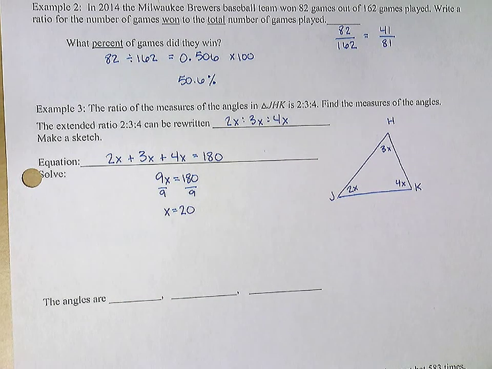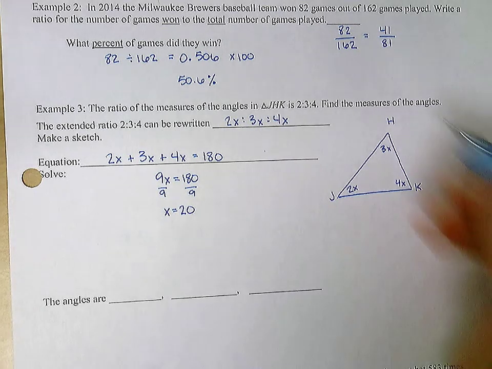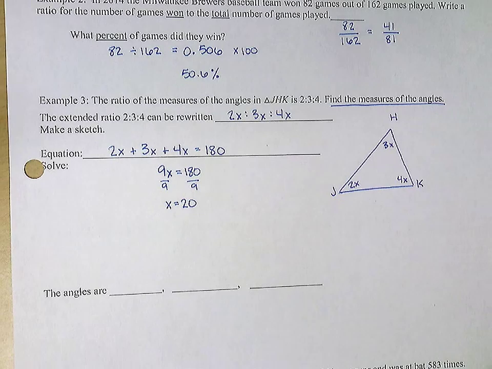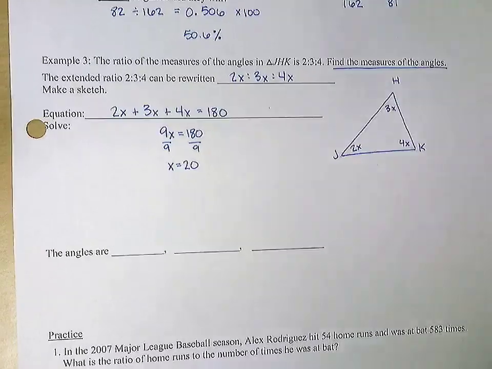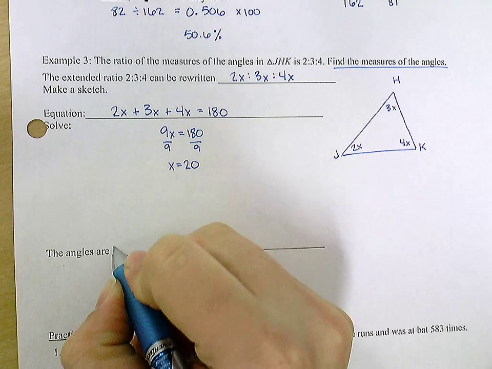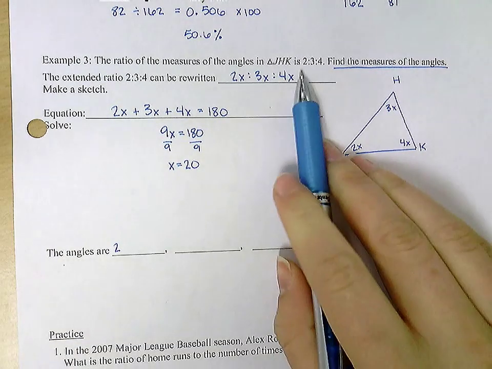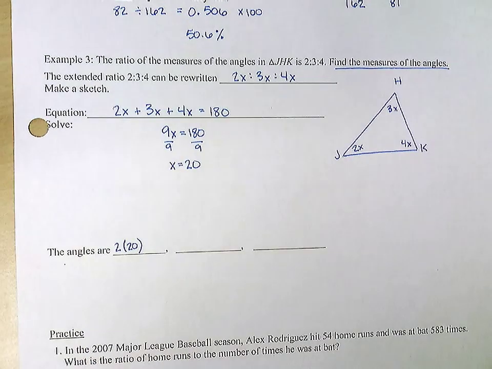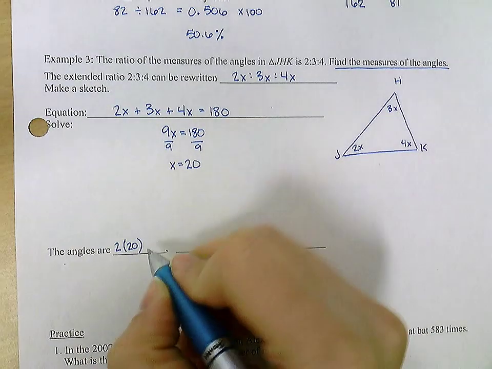Now, in this problem, we wanted to find the measures of all of the angles of this triangle. So down below here, I have the angles are, I'm going to take that first part of that ratio, 2, and I'm going to multiply that 20 back into it.